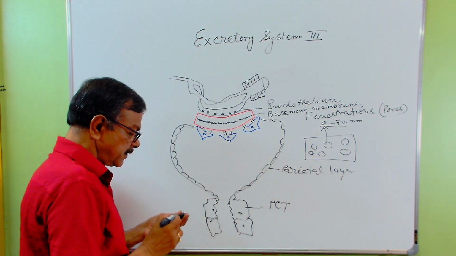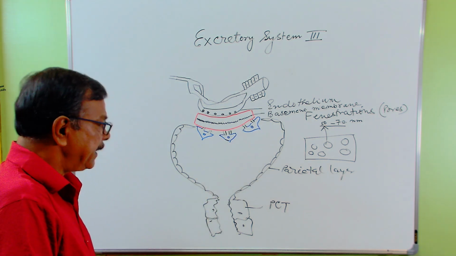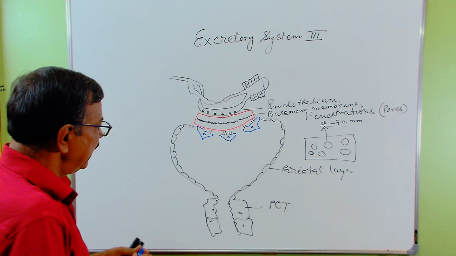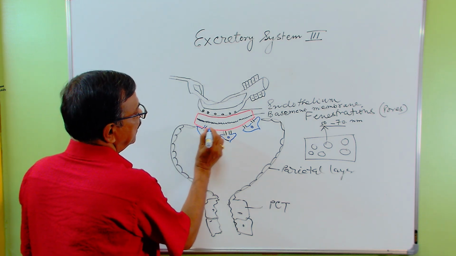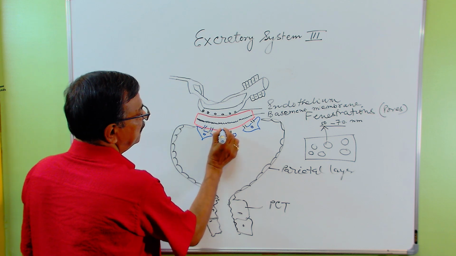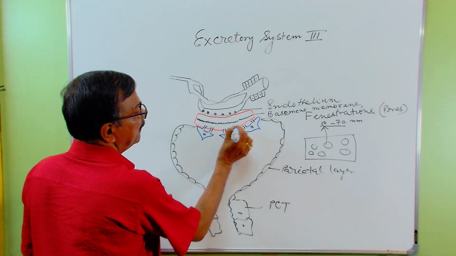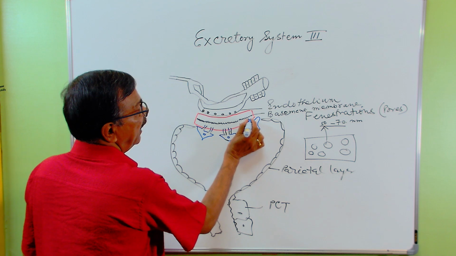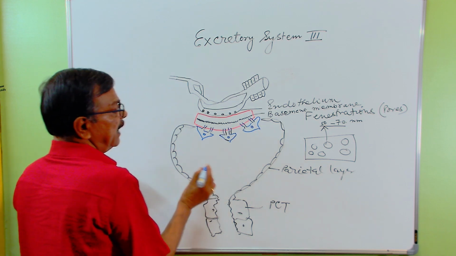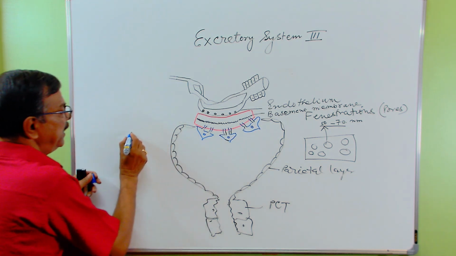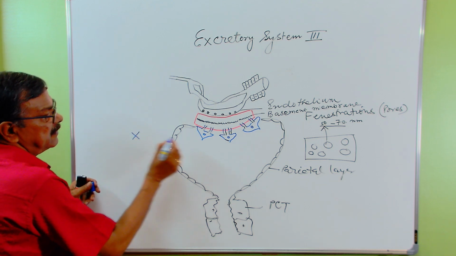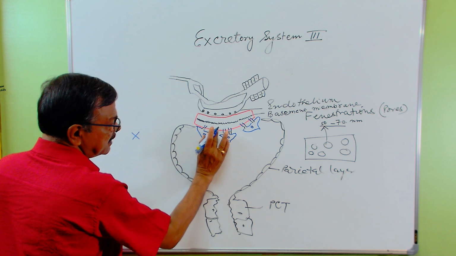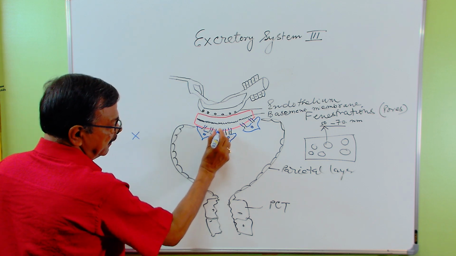And these foot processes have pedicels at the end. Pedicels remain attached to the basement membrane. They remain joined, one finger with the other finger like this, but some pores remain.